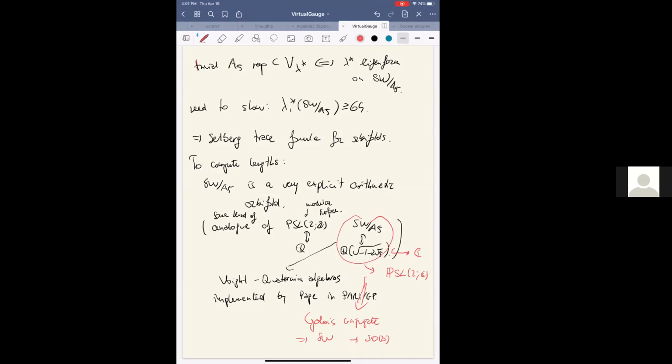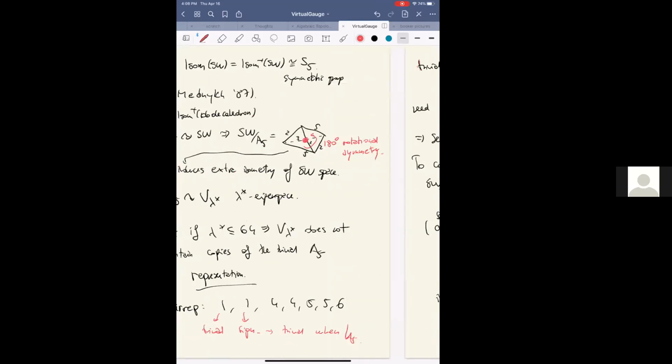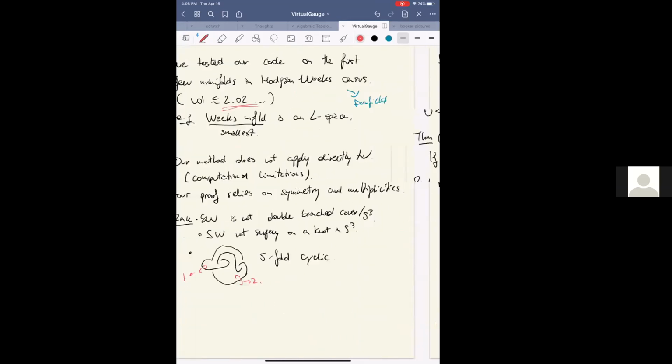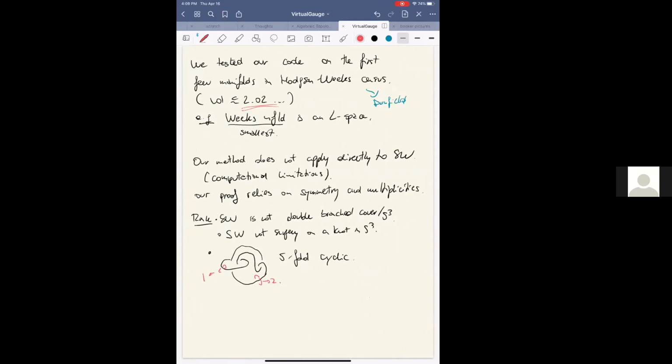It's a branched double cover over a link with 15 crossings or something. In general, if you pick a two-bridge knot and look at the cyclic cover that sends both meridians to 1, that would be the branched cover over a link in S3. So those are somehow simpler to understand from this perspective.